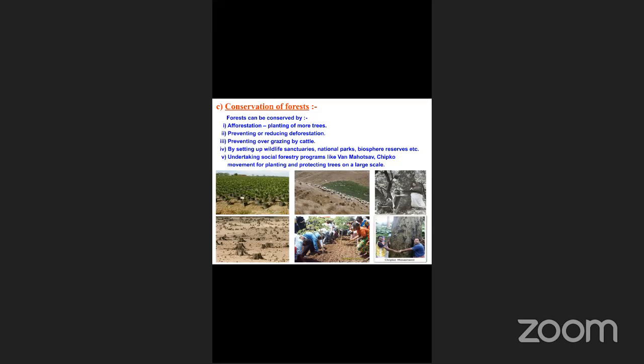Afforestation means planting of more trees. Vana Mahotsava is one program where at least one person should plant one plant that day. Also, preventing or reducing deforestation. We can conserve the forest by planting more trees, and also by reducing deforestation. Clear?